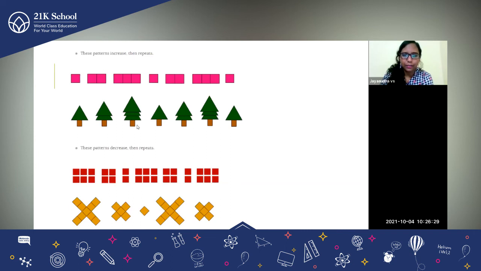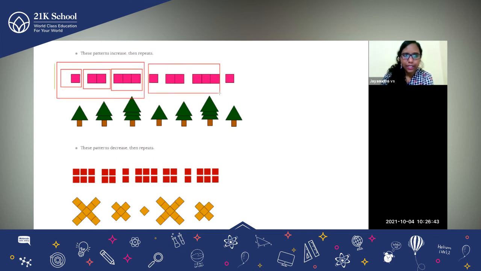For example, 1, 2, 3, again 1, 2, 3. So this 1, 2, 3 is repeating and also increasing, correct? Some patterns increase then repeat, and some decrease then repeat.